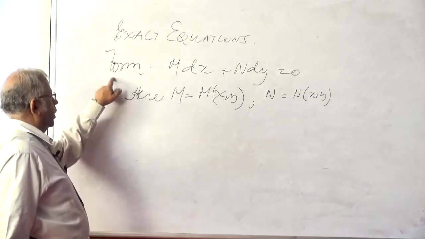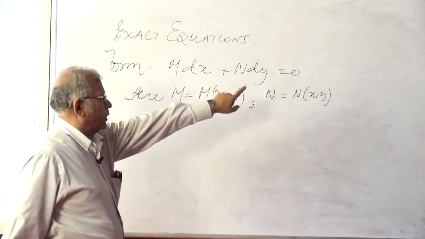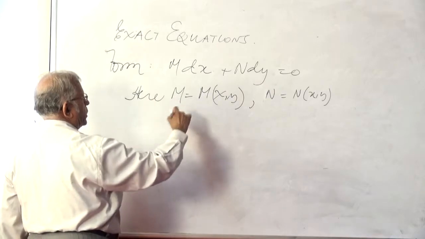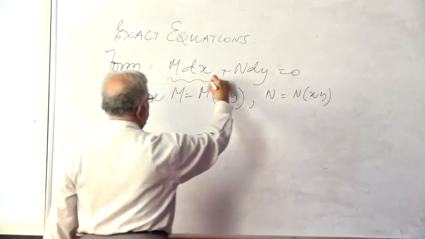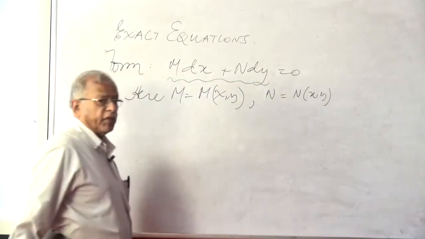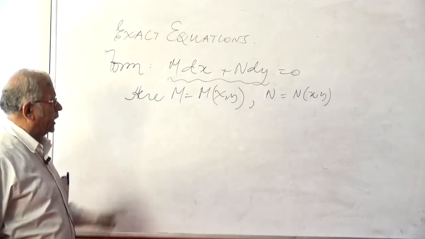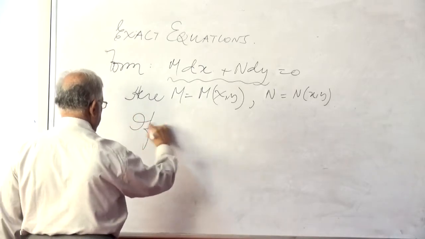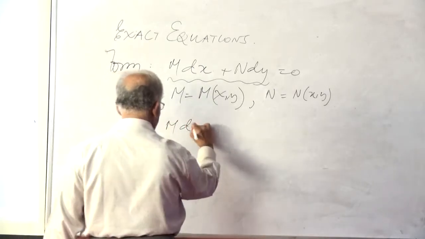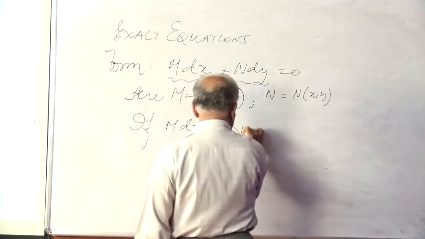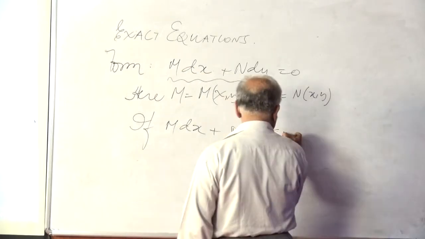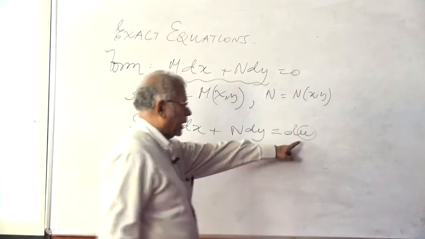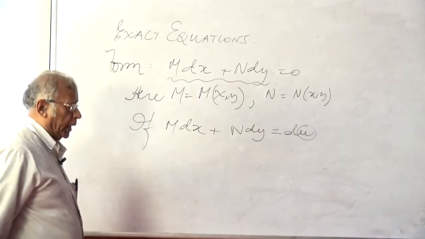So, the form is M dx plus N dy is equal to 0, and we will call this an exact equation if the left hand side is a perfect differential. In other words, M dx plus N dy is equal to a perfect differential of a function u, where u again is a function of x and y.